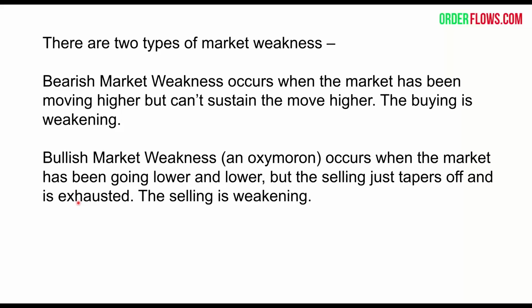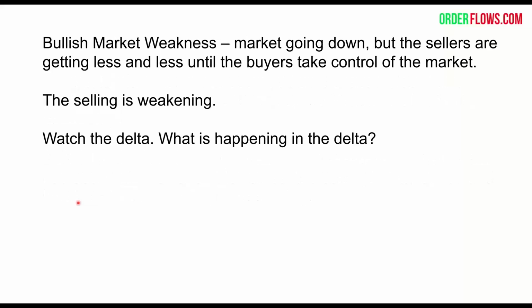Whereas bullish market weakness, you don't think of a bullish market as having weakness, but what that means is a market's been going lower and lower, but finally the selling just tapers off. There's no more selling. The selling is exhausted. The selling weakened. And you see this day in, day out in all the markets.